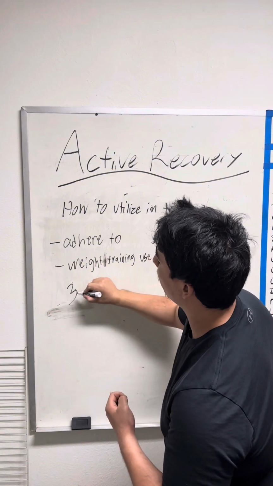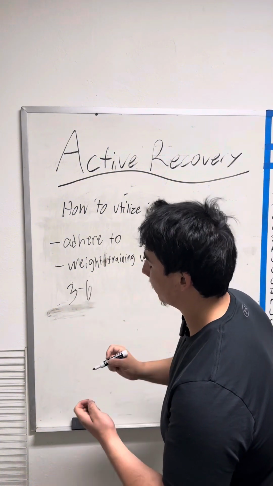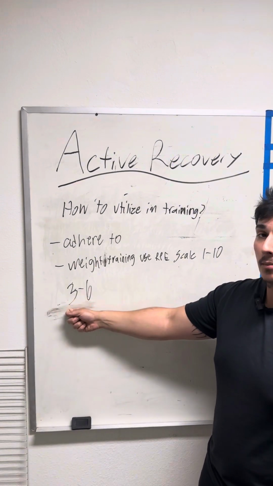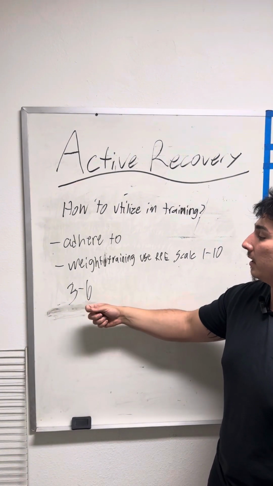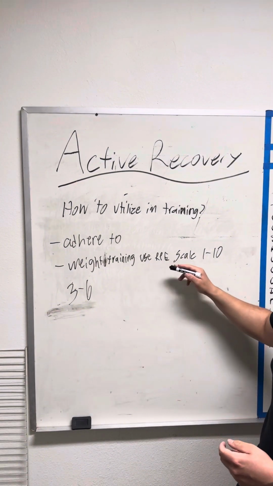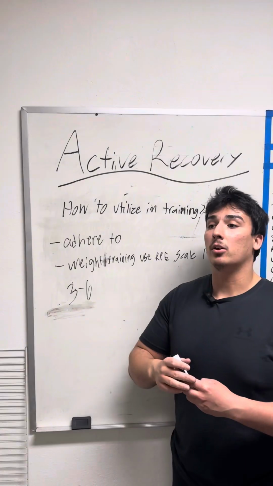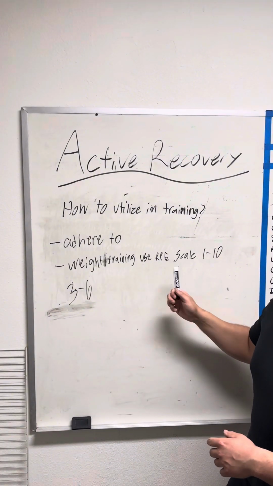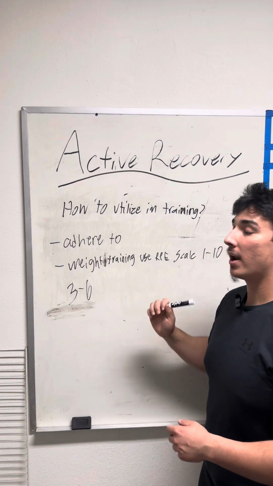I'm going 3 to 6. 3 would be at the top, at the light end, 6 being around that medium-ish end. The reason I like to use that RPE scale is because it goes off of rate of perceived exertion. So basically that's saying how I feel off the day is what I will be training.